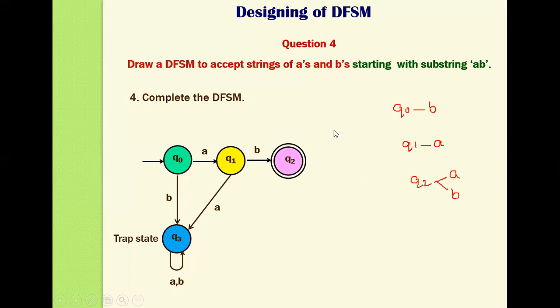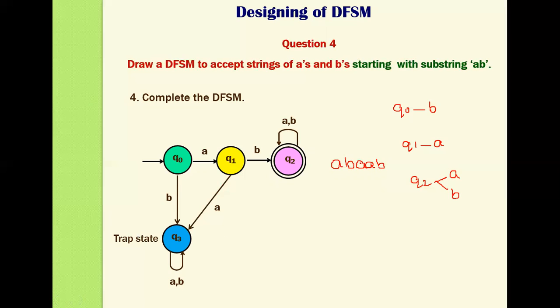Now, what is Q2 here? Q2 upon A. The question is, you must start with A followed by B, and later I can have any number of A's and B's. So we can have it as a self loop: AB followed by any number of A's or any number of B's. Possible. Some examples: A, B, A, B, B, possible.